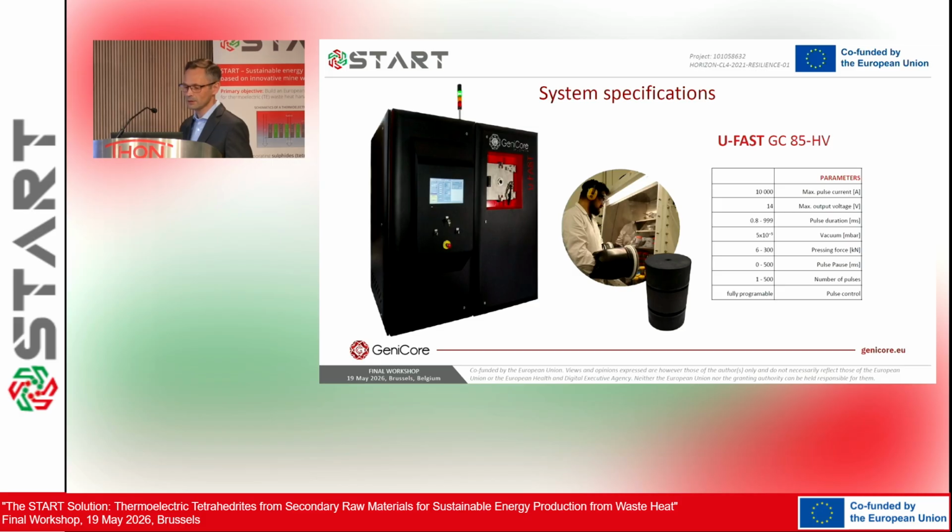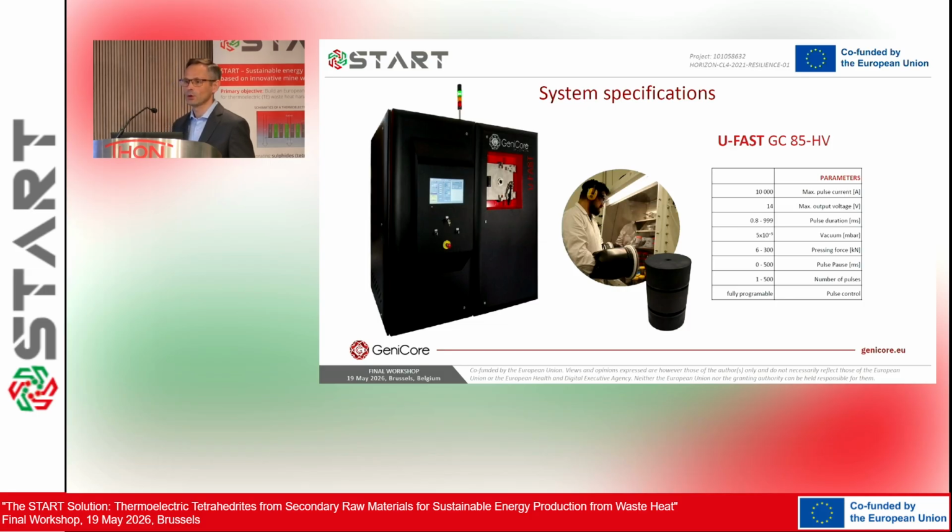In R&D study and production process, the UFast GC model has been used. The maximum heating power is 100,000 amperes. Maximum size is 85 millimeters diameter. Of course, other geometries are possible.